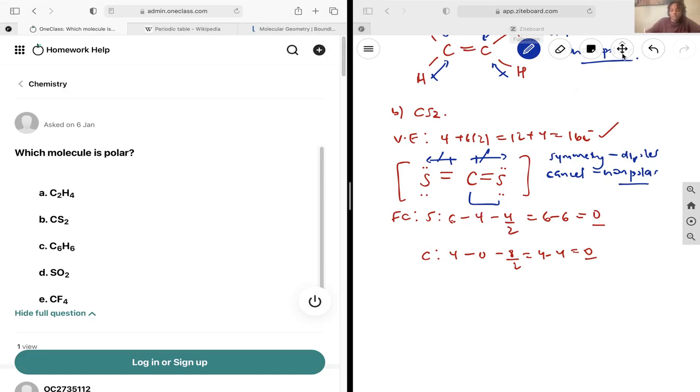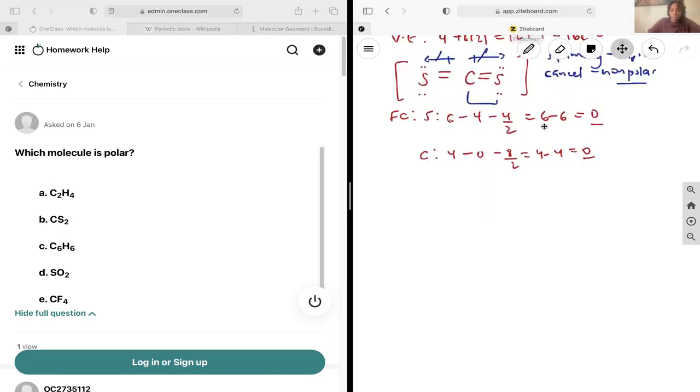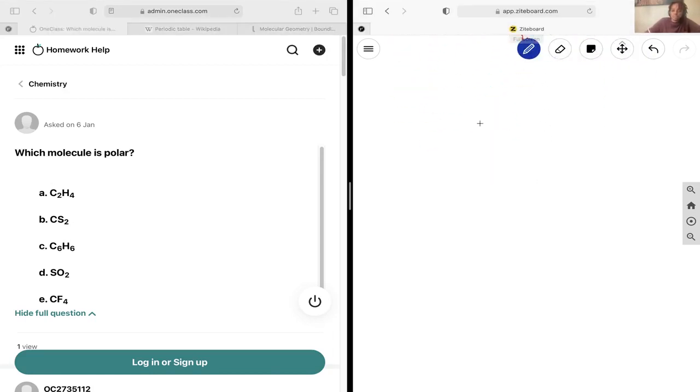Next up, we have C6H6. This one you can easily determine is benzene, so let's just write it out. This has 3, so it's just going to need one more. All of them are like that.